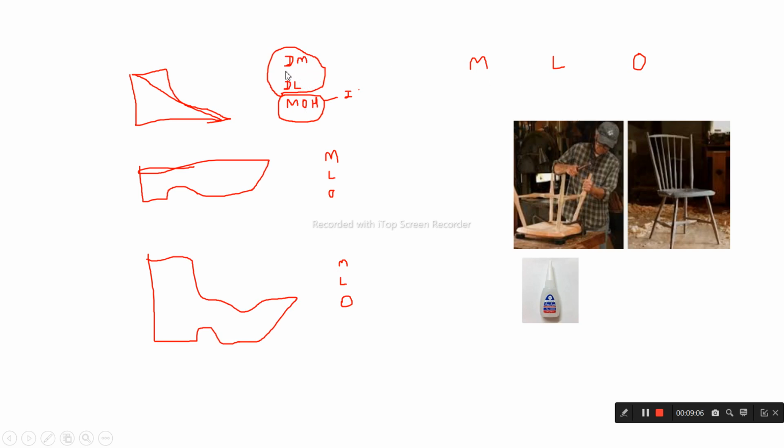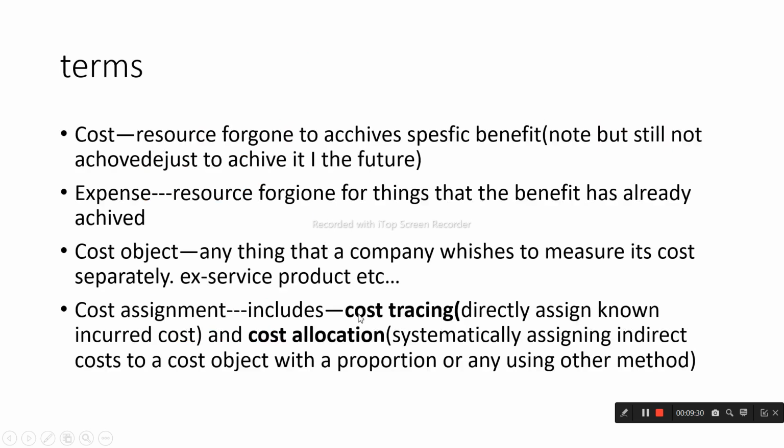Allocating these direct costs for one product, for example, allocating direct material cost for one chair, or allocating the direct cost of wood, for it might be a lot of wood. So allocating some amount of wood for one chair is called cost tracing, which is a part of cost assignment. We are assigning the cost. If it is for direct costs, where the cost is known, it's called cost tracing.